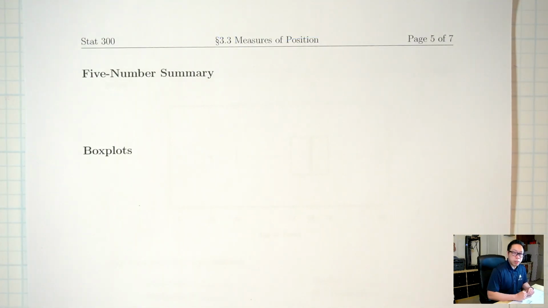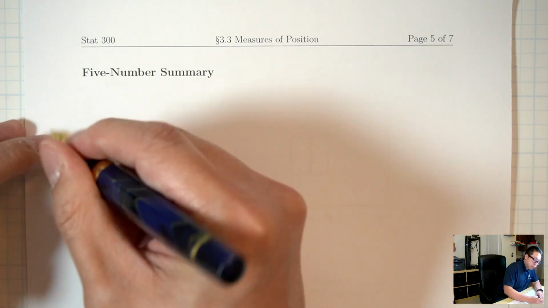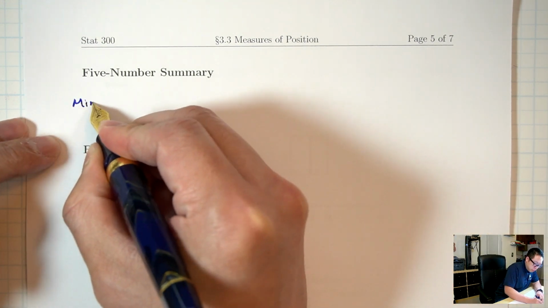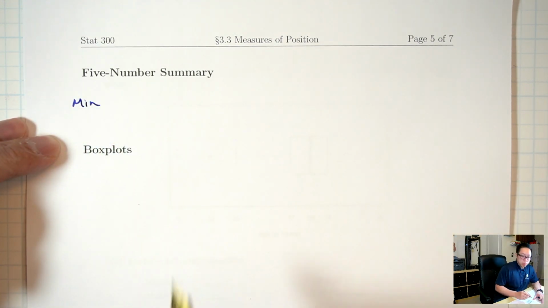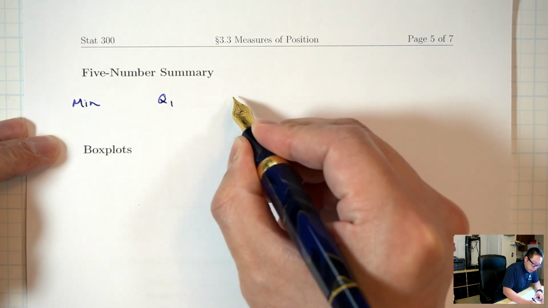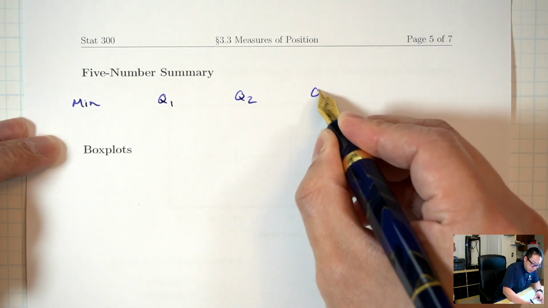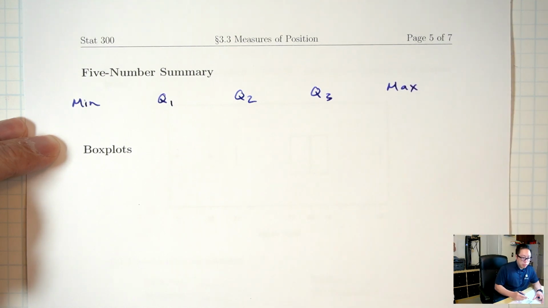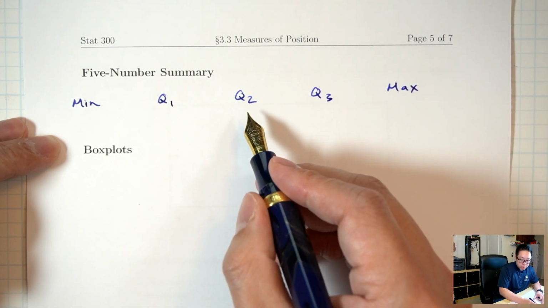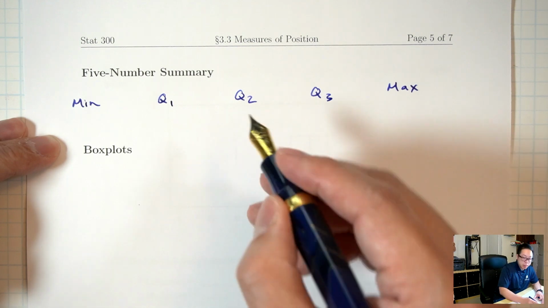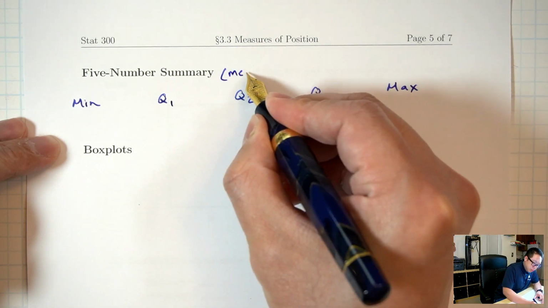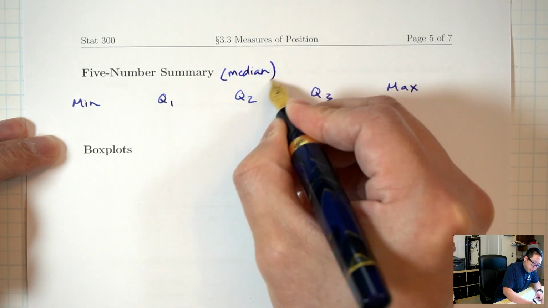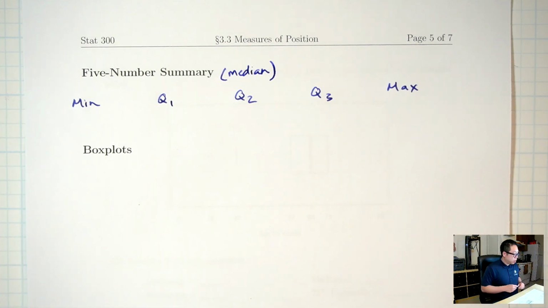The 5-number summary is going to be the minimum, Q1, Q2, Q3, and the maximum. Now remember, Q2 is the 50th percentile, which is just the same thing as the median. And the 5-number summary for the data from example 1. Here's the data from example 1.